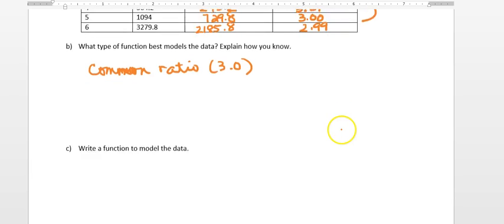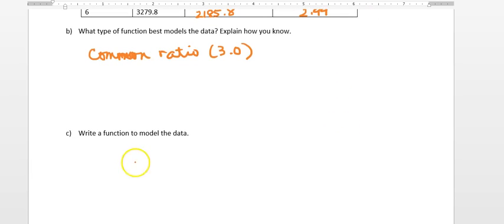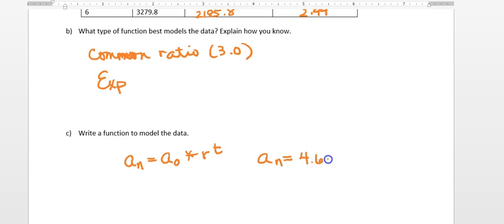So in order to write a function for this model, again, it's exponential because it has a common ratio, so that's going to be a sub n is equal to a sub o times r to the t power. So that's going to be a sub n is equal to the initial value, which was 4.6, times 3.0 to the x power. Now that's an explicit function. If you were to write the recursive, you would do a sub o.